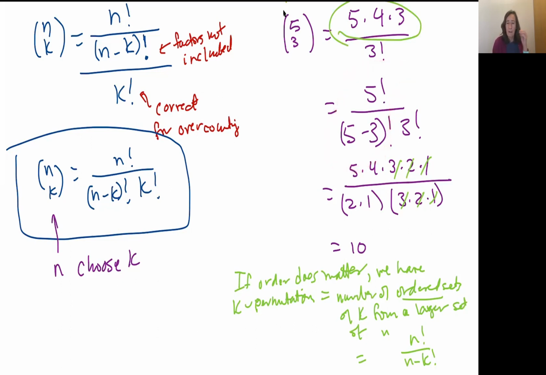So 5 factorial with the last two factors divided out. And as I said, going back to the regular n choose k, the order doesn't matter scenario, those are also called binomial coefficients. You may run into them in other contexts, and we'll be seeing them in Unit 6 as part of probability distributions.